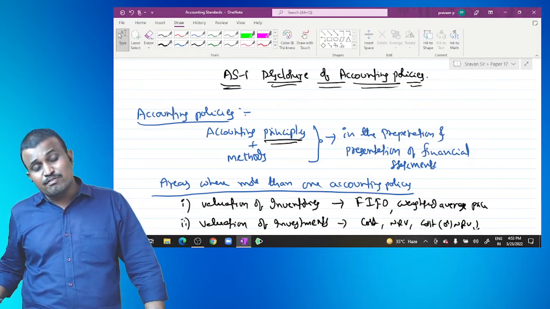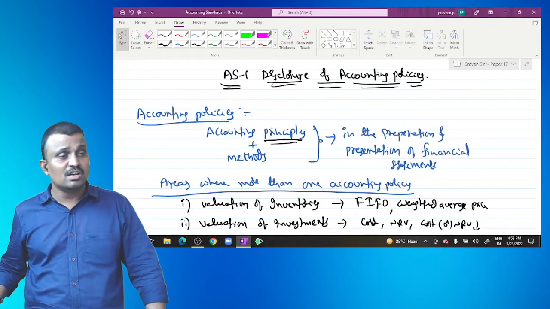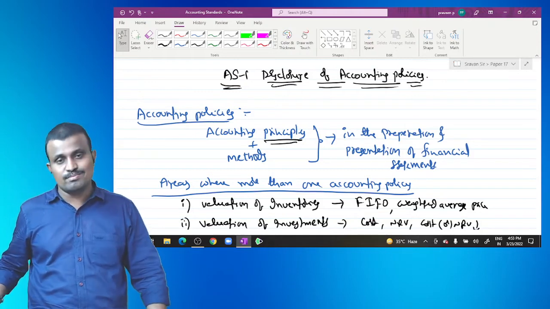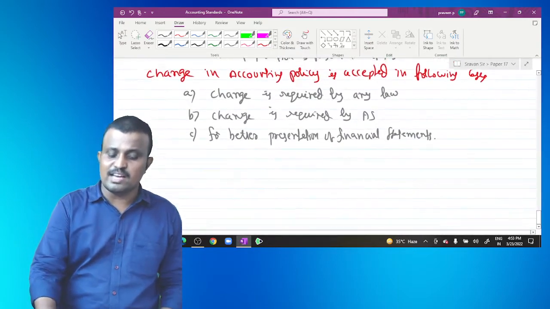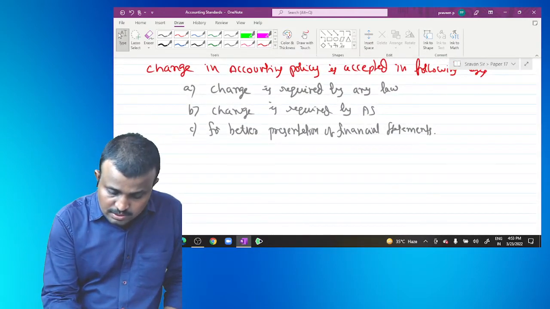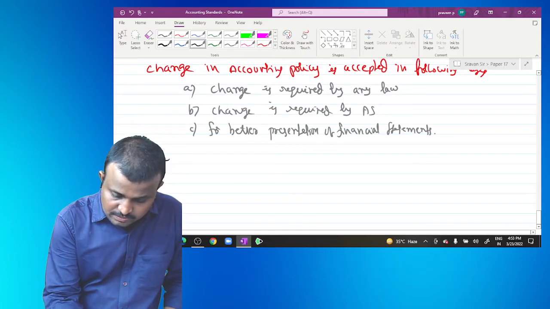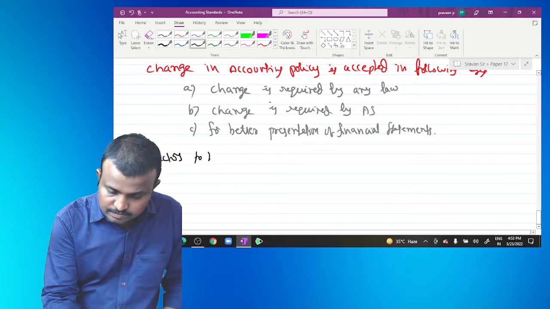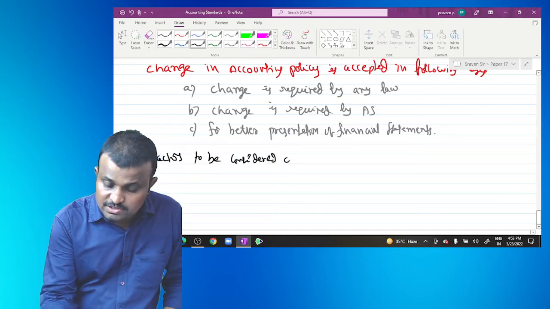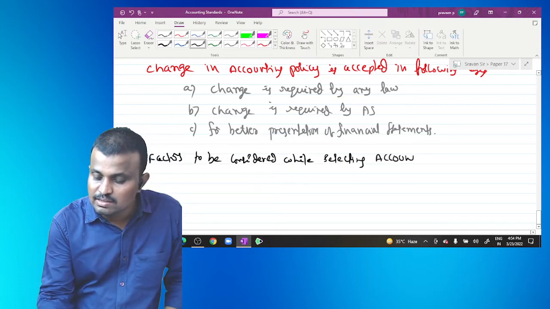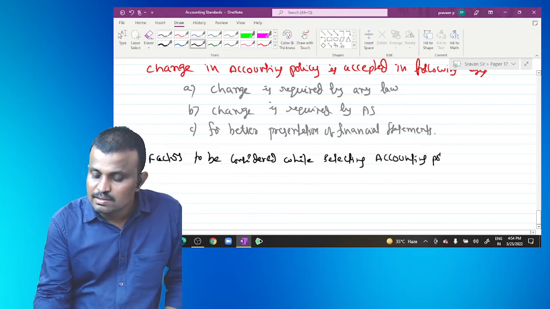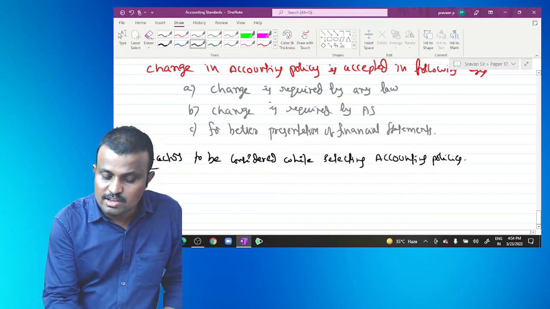Then what are the factors to be considered while selecting the accounting policy?